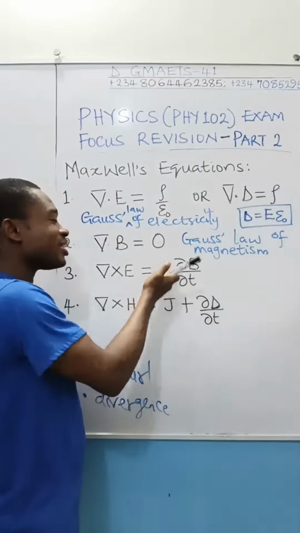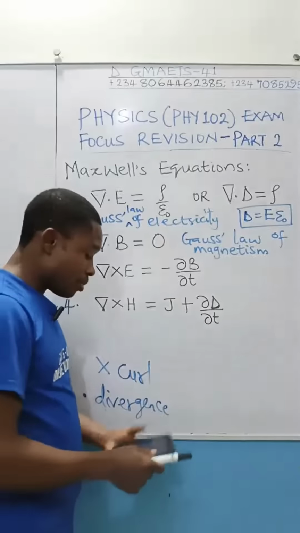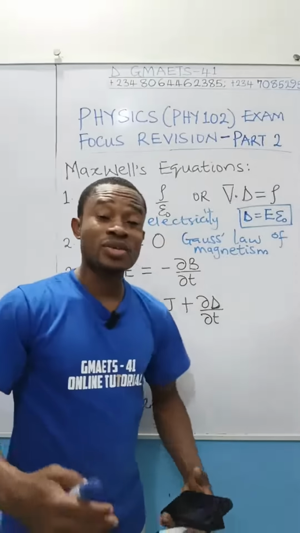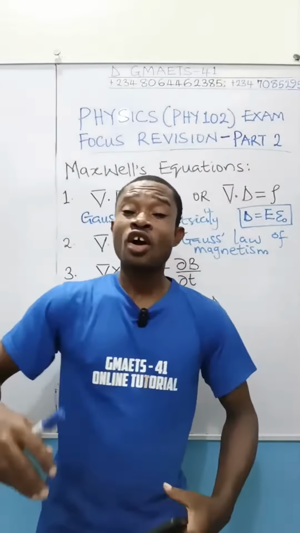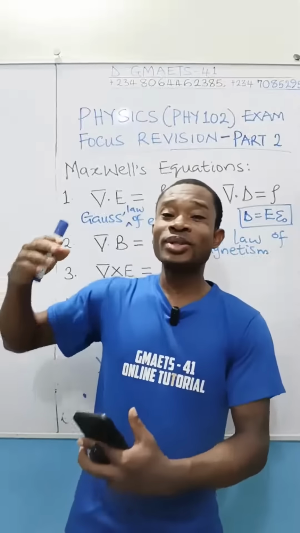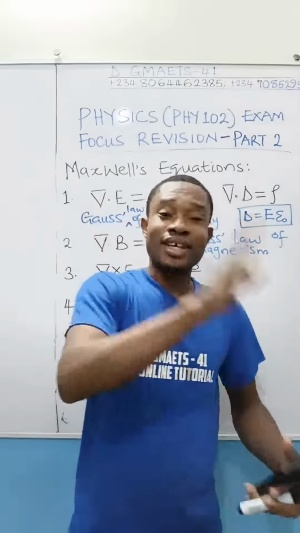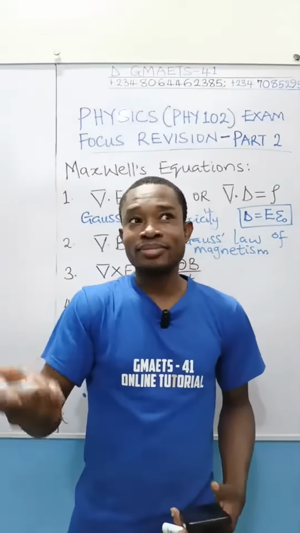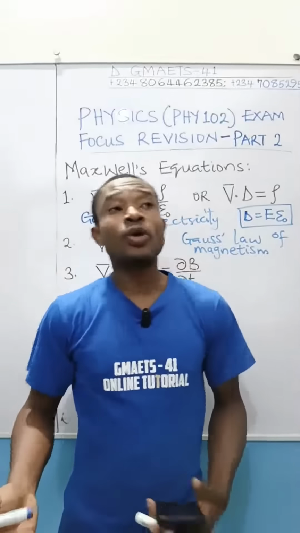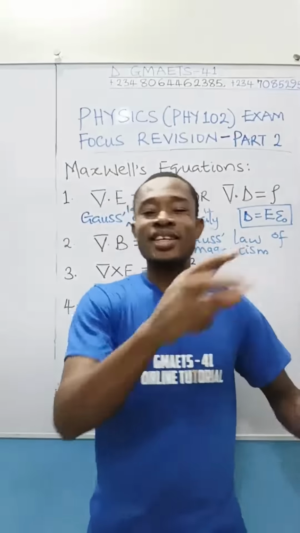Are you following, right? So why am I actually talking about this concept? This is to remind you that this is something you've met. Remember, I told you from the beginning that Maxwell's equation is simply a collection of formulas that you met under electricity, electrostatics, and current electricity, plus formulas you meet under magnetic field.